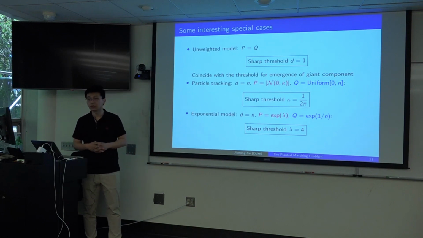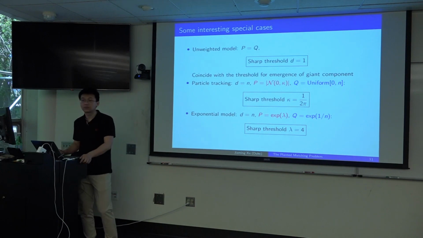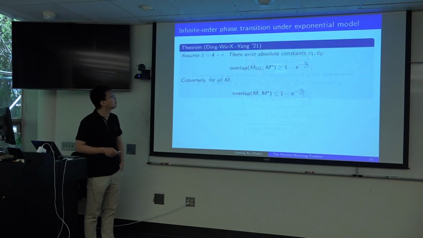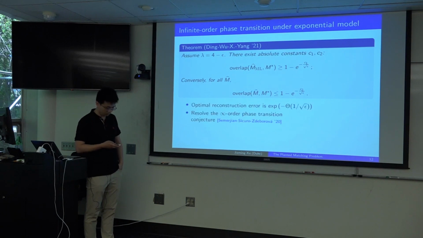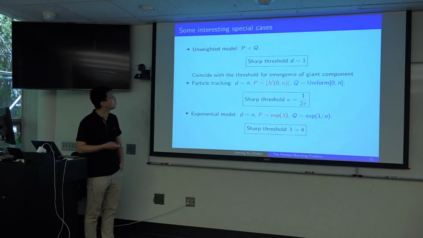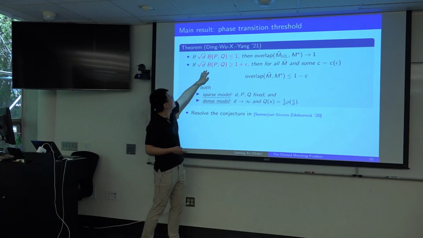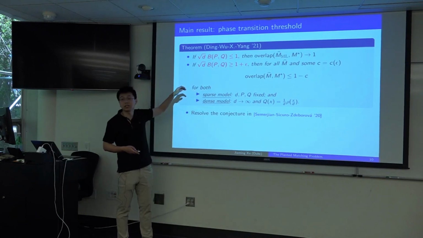So is this correct that this is only non-trivial when D is dependent on N, right? When D is a constant, as N goes to infinity, you can always evaluate the model exactly. Is that correct? Not really. It's just given by this threshold. So even if D is a constant, then BPQ can be small, right?